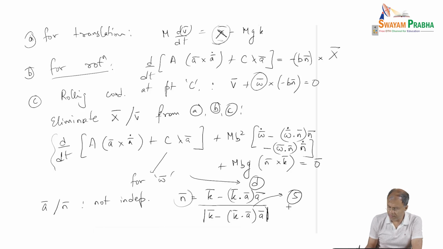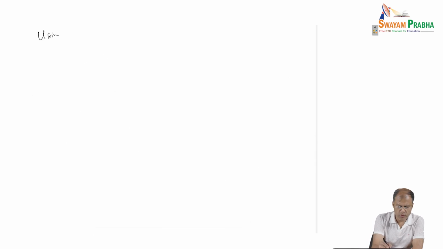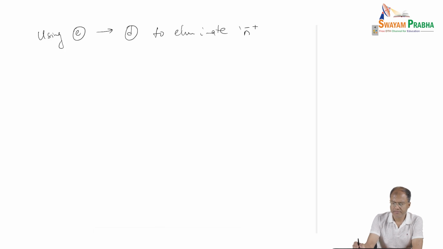So now if we use 5 to eliminate n from equation number 4, right? So not 5, but I should maintain the homogeneity. I should call this equation number E. So what I am doing is using equation E in equation D to eliminate n, right? And then we will purely get an equation involving omega and A. Now we can write down the various components by taking the necessary dot product with the quantities to simplify our new set of equations.